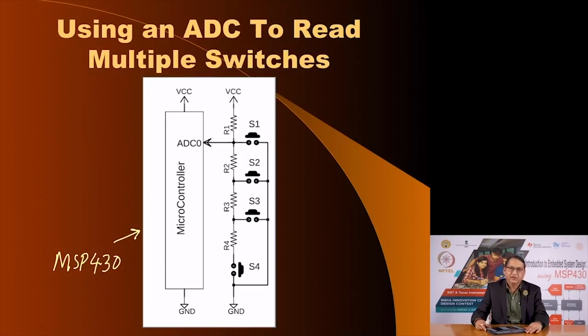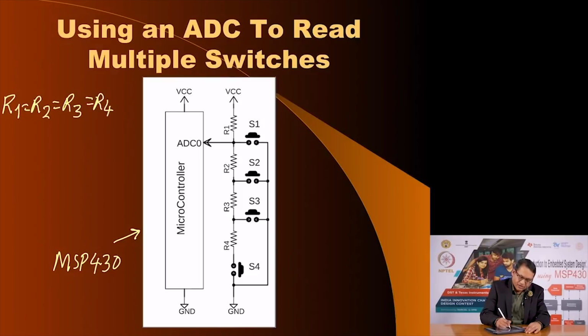Using one of the ADC inputs, as I have shown here, you can connect 4 switches, but there is some additional hardware required, as in this case we need 4 additional resistors, and let us say we decide the values of these 4 resistors to be equal values, R1 equal to R2 equal to R3 equal to R4 equal to 10 kilo ohm each.